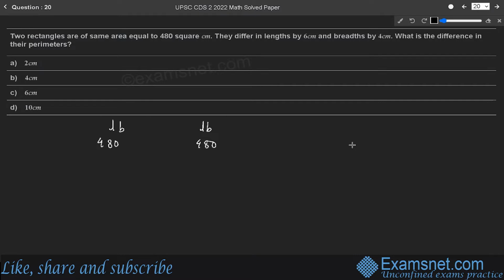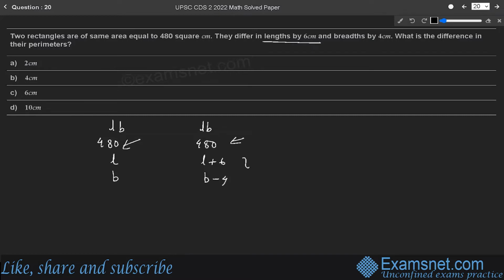But they differ in length and breadth. They differ in length by 6 centimeter. So let us consider for this rectangle, length is L. So for the second rectangle, the length will be L plus 6 according to the question. Similarly, if the breadth is B for the first rectangle, then the breadth here will be B minus 4, because we know that both the areas are equal.